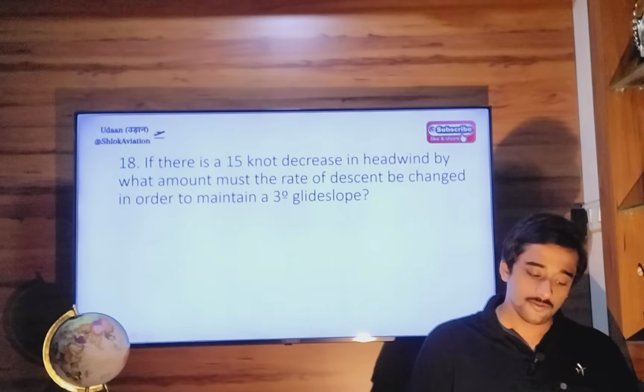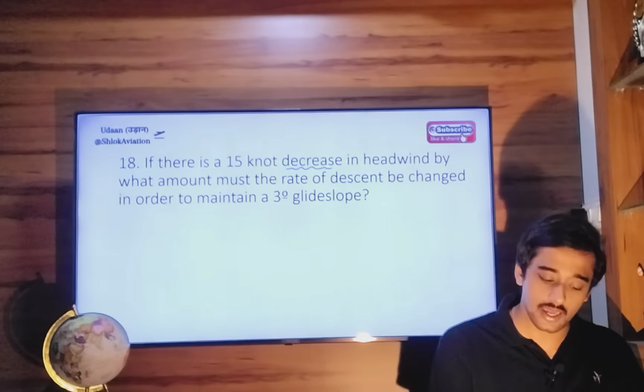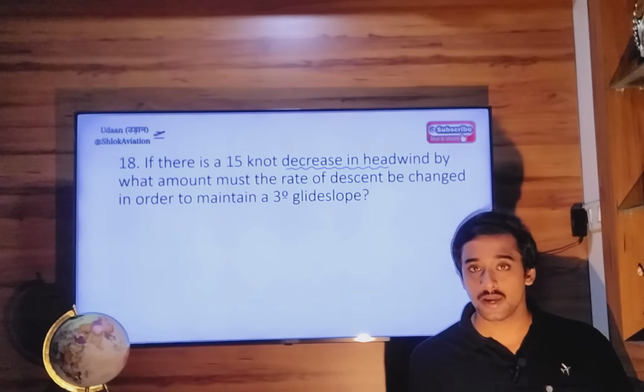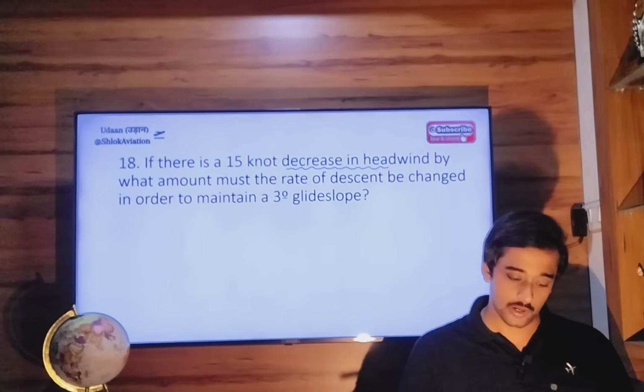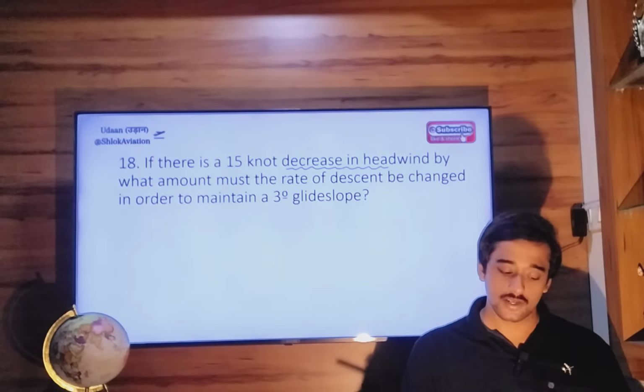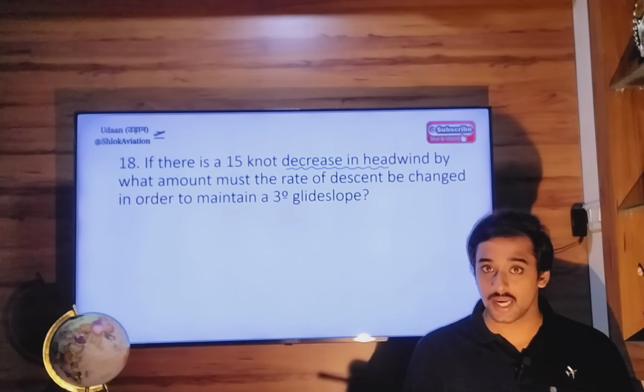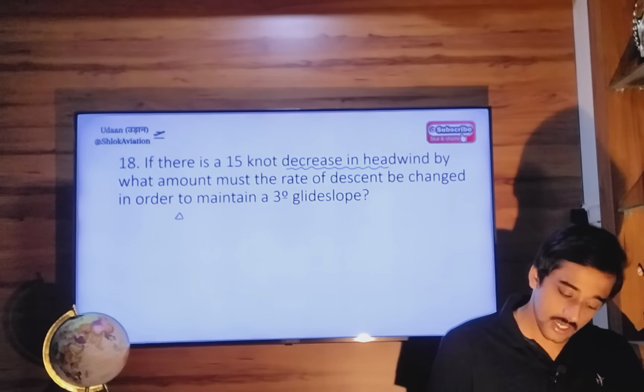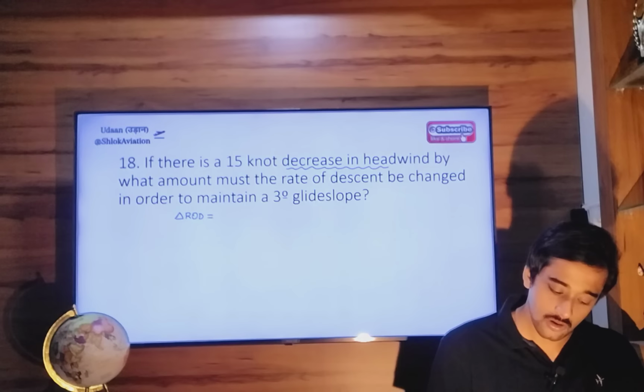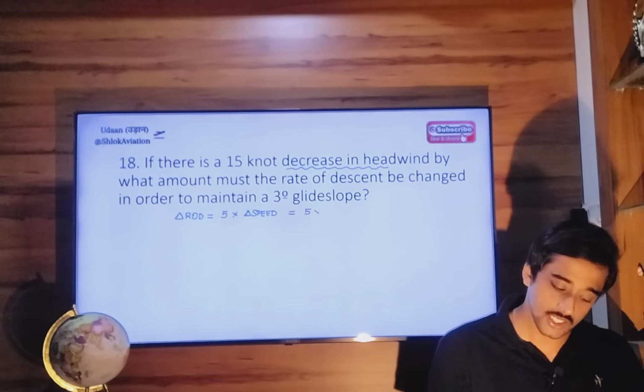Next, if there is a 15 knot decrease in headwind, again, a decrease in headwind meaning increase in tailwind component, by what amount must the rate of descent be changed in order to maintain a 3-degree glide slope? So change in rate of descent is equal to 5 into change in ground speed.